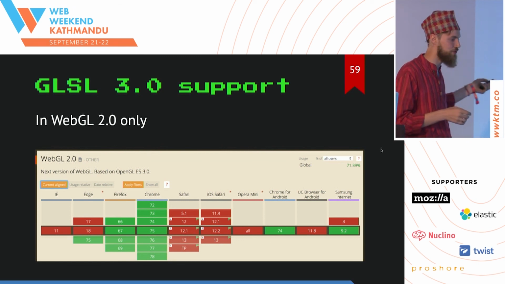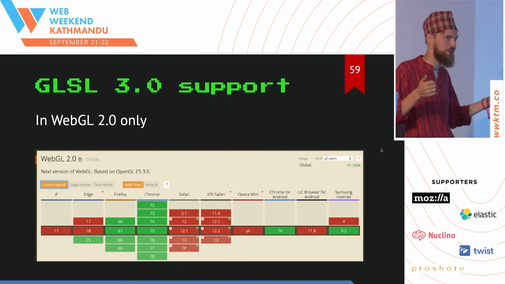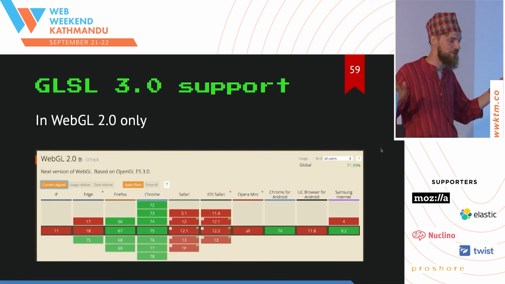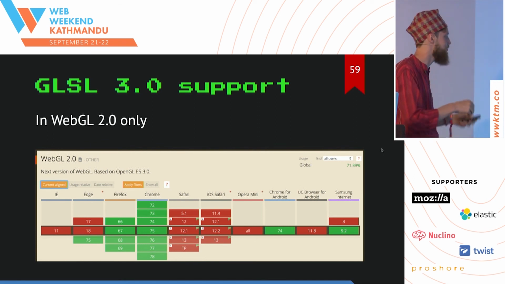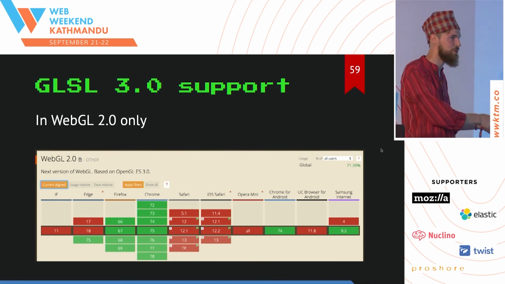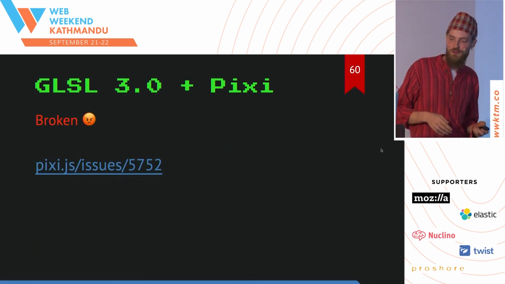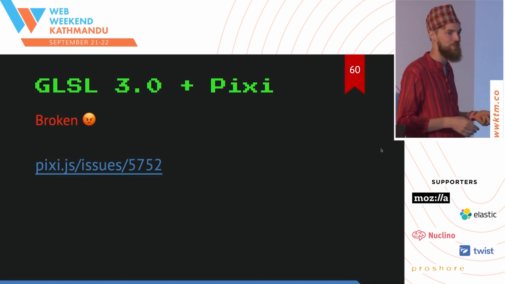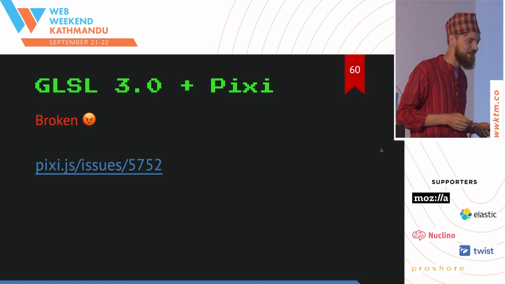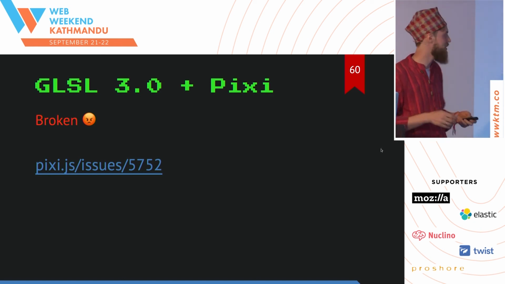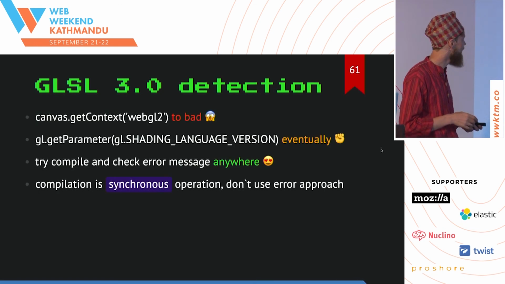If you have Chrome or Firefox, it's okay, but not for all browsers. You need to downgrade to the first version that uses WebGL 1. And unfortunately, GLSL 3.0 in Pixi.js is broken. There is an approach to work around it, but it is totally broken.